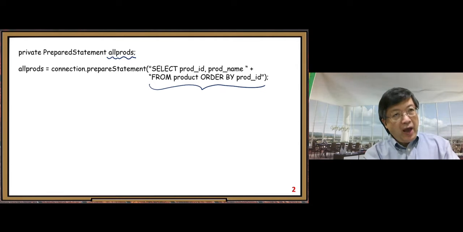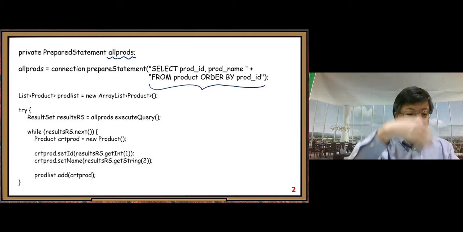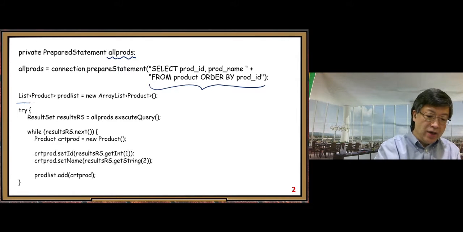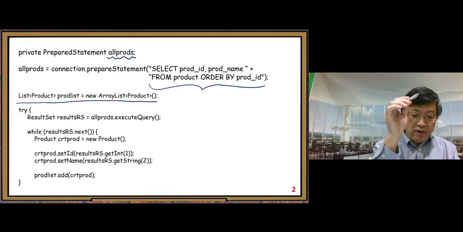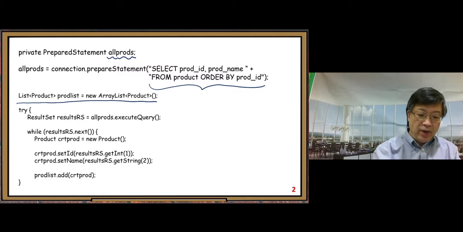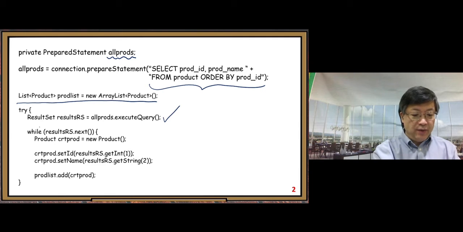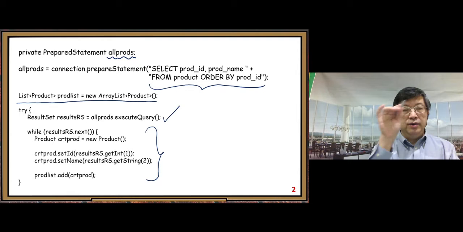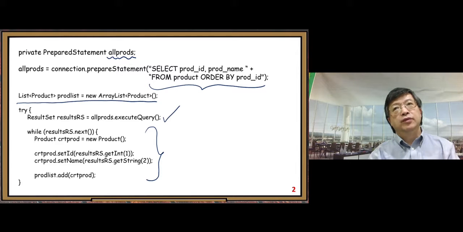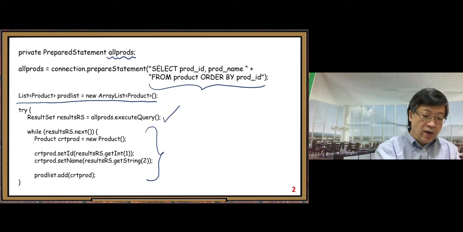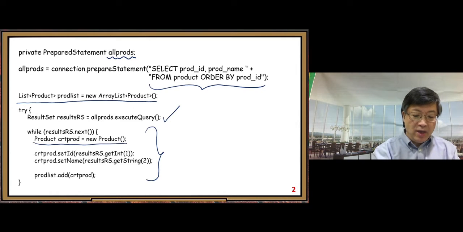Then we will use a while loop. We create a list of product Java beans. We execute the query. Then we use a while loop to go through all the rows in the returned result. For each row, we create a product Java bean.